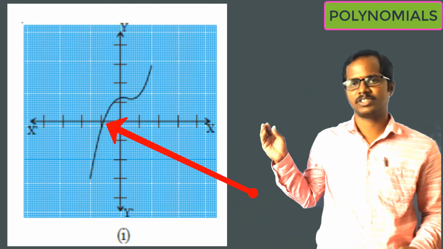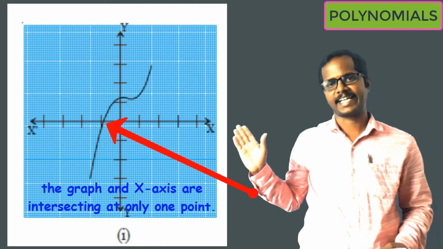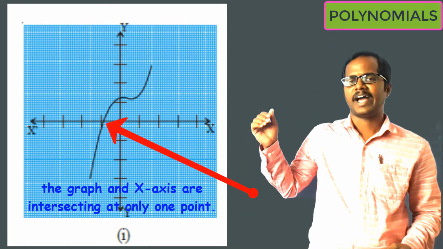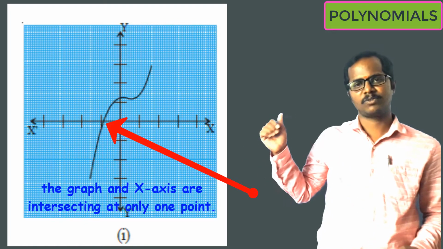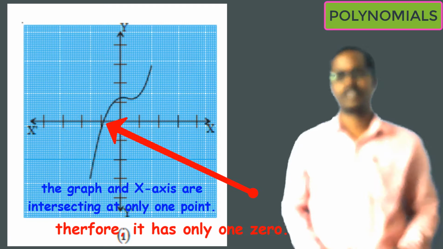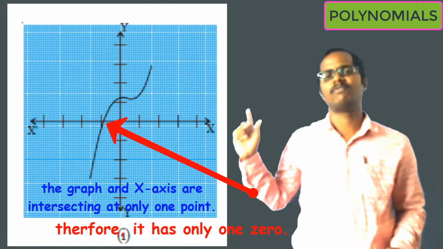So as it intersects the x-axis at only one point, it must have only one zero. So hence we can say the number of zeros of graph 1 is 1.